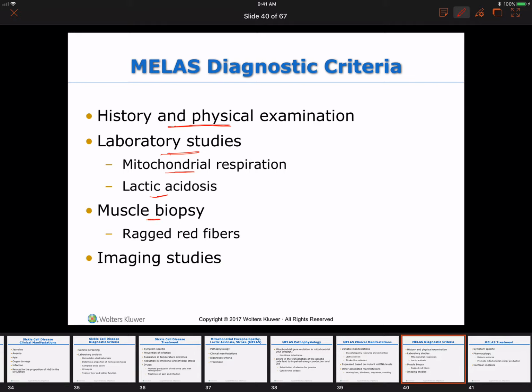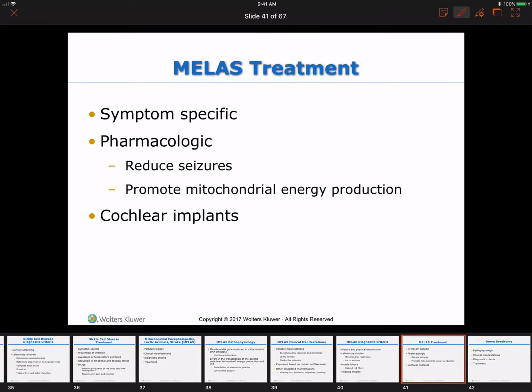Muscle biopsy is also done, and imaging studies to assess the brain. In terms of treatment, it's again based on symptoms. So treatment to minimize the frequency of seizures, and then promote mitochondrial energy production. And of course, if hearing loss is an issue, then a cochlear implant to help with regaining some of that function.